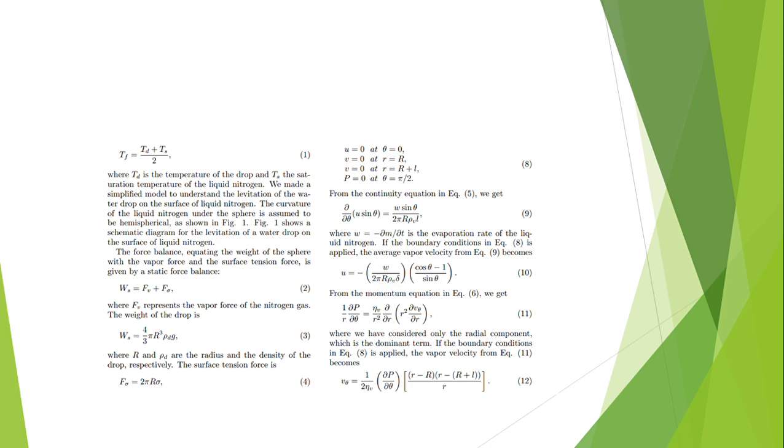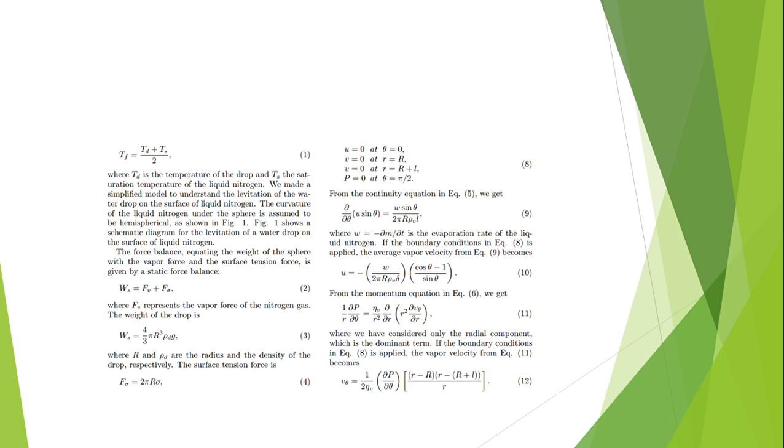These are the conditions of the equation, where you can see that ∂/∂θ (u sin θ) = ω sin θ / (2π ρv L), where ω = ∂m/∂t is the evaporation rate of the liquid nitrogen. If the boundary condition in equation 8 is applied, the average vapor velocity from equation 9 becomes U = −ω/(2π ρv L) multiplied by (cos θ − 1)/sin θ.